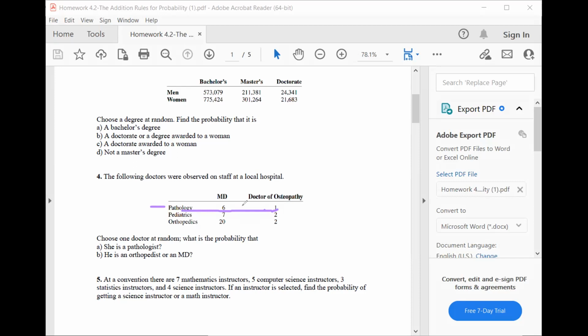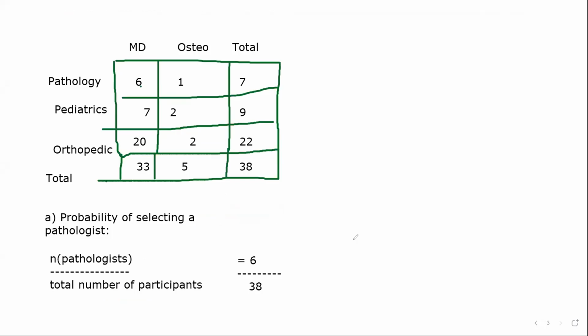So it's 7 out of 38. Because even though they're osteopathic, they still study pathology. So there are 7 pathologists, not 6. That was my mistake. Let me fix that. Thank you for catching my error there.